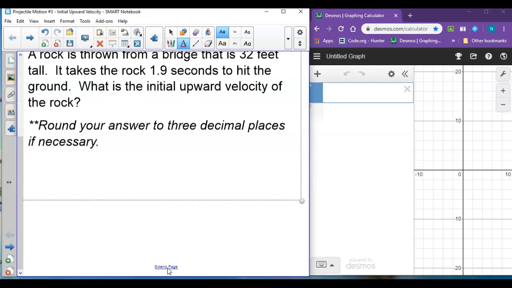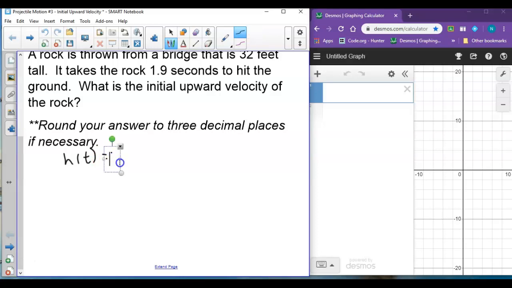These problems are going to be ones where we have to do a little more work than we've been doing for the others. Desmos has pretty much done everything we needed for the other problems. But for these problems, we do not know the initial upward velocity. So we could write this equation, h of t equals, we know the initial height is 32.